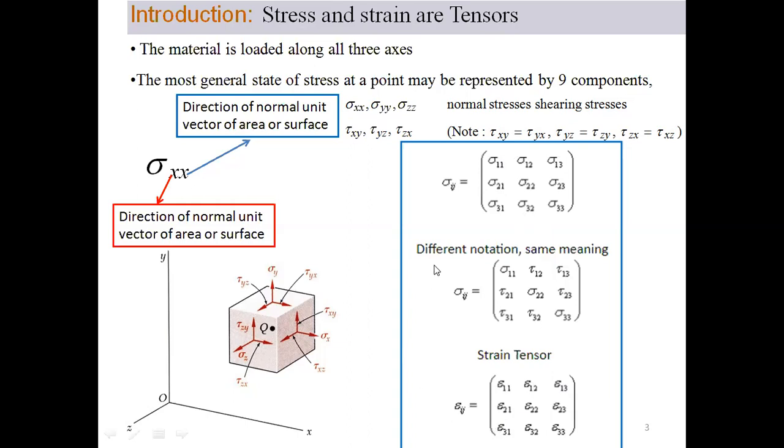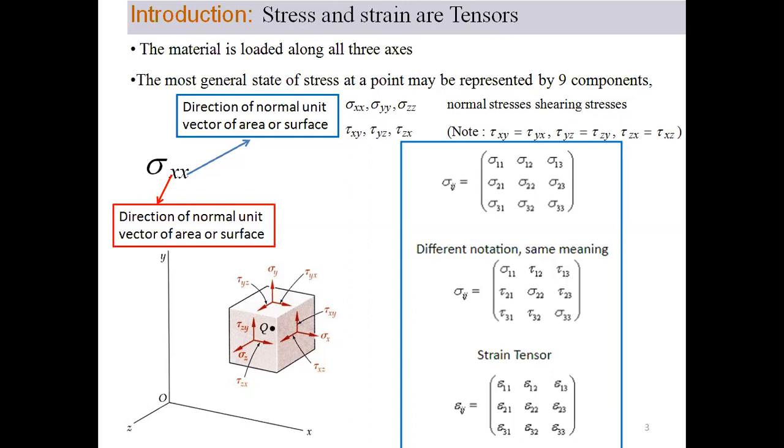Sometimes some of these components would be 0, for stress and also for strain. It depends upon what? It depends upon the loading. If you have loading along one axis, then only a few components would appear, and the remaining would all be 0.